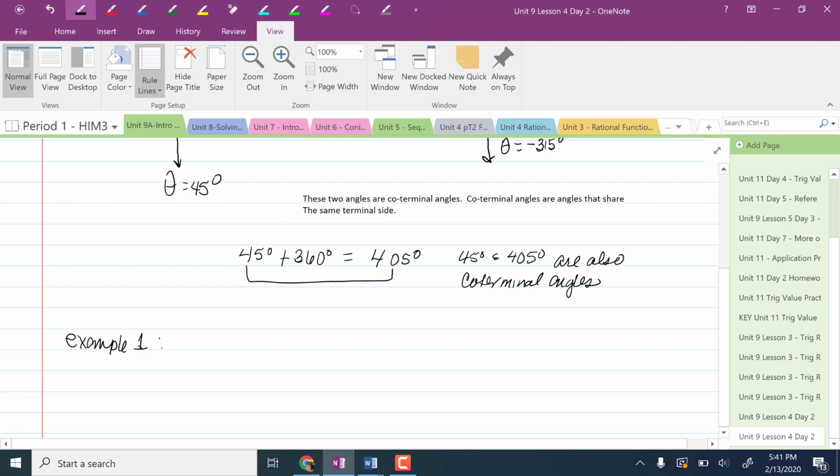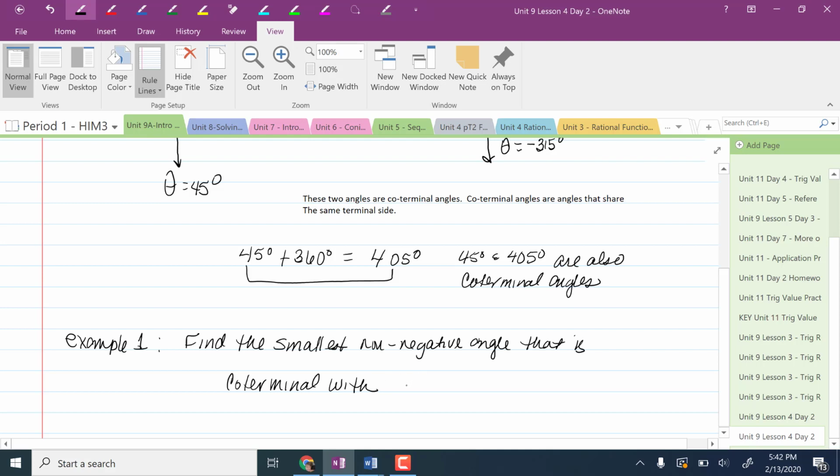Okay, our first example, we are asked to find the smallest, so not just any, but the smallest non-negative angle that is coterminal with 580 degrees.